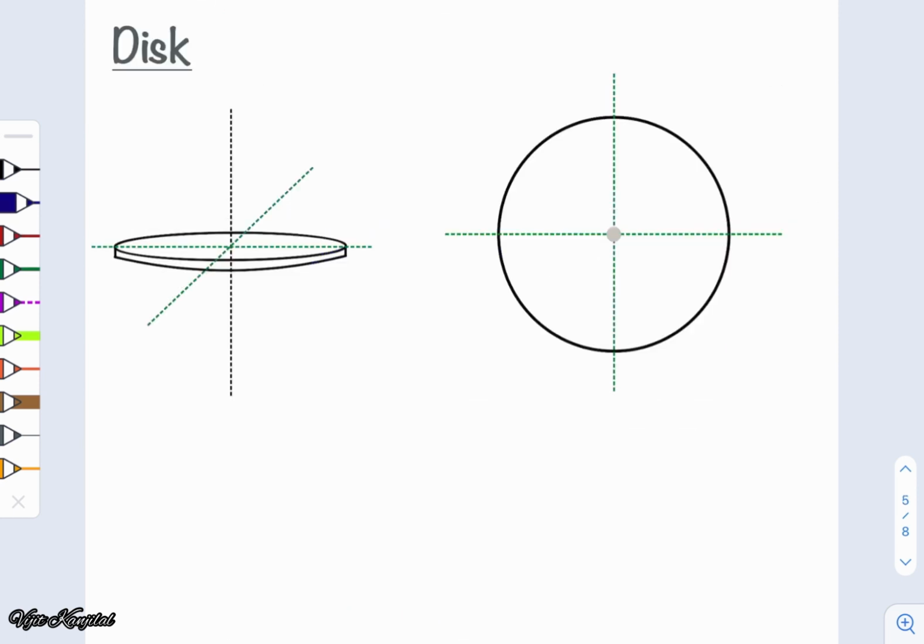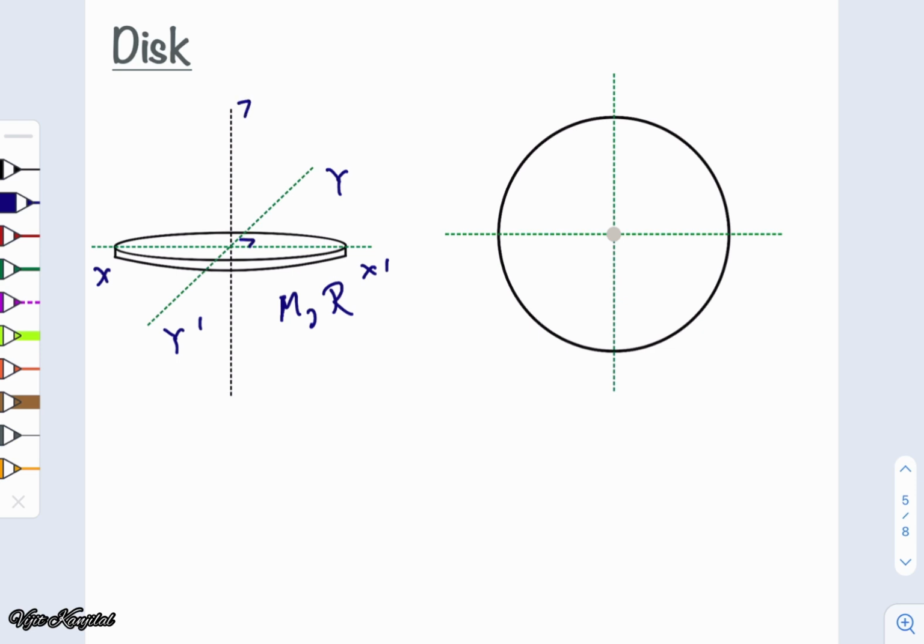Now let us look at how we calculate the moment of inertia of a disk with respect to this axis, or let's say this axis, using the perpendicular axis theorem. So let us assume that we have a disk of mass m and radius r, and we are given two axes, x dash and y dash, which are lying in the plane of the disk and are mutually perpendicular to each other.